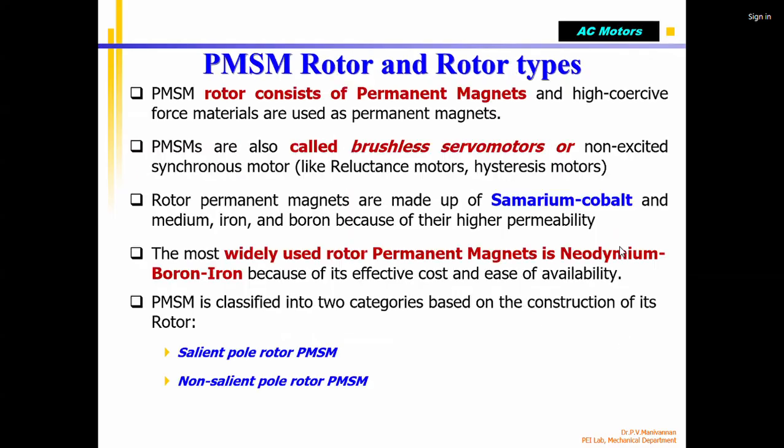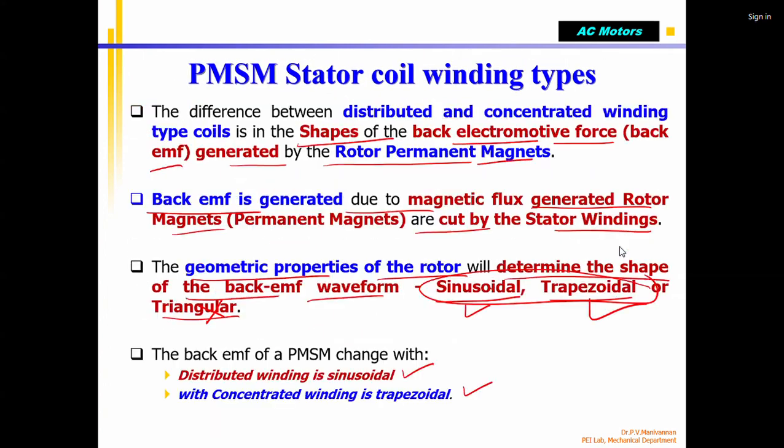Okay. So now the permanent magnet synchronous motor, rotor, and stator. We talked about the stator, correct? The stator is a 3-phase winding. The winding can be distributed or concentrated. Depending upon that, the back EMF generated will be sinusoidal or trapezoidal.